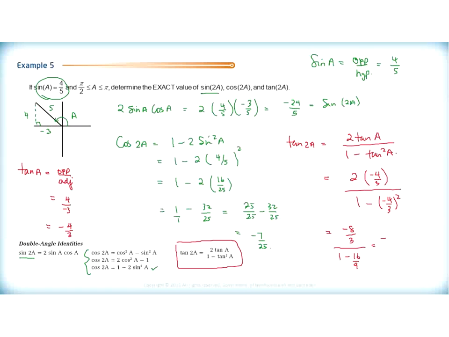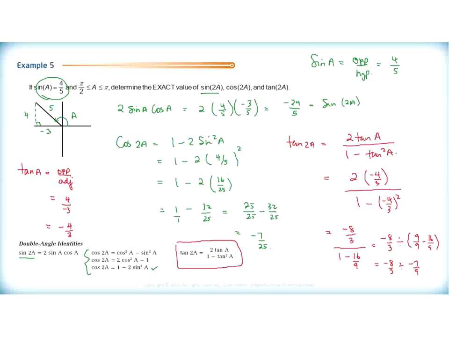I'm going to rewrite that as 9 over 9 subtract 16 over 9, which becomes negative 8 over 3 divided by negative 7 over 9.